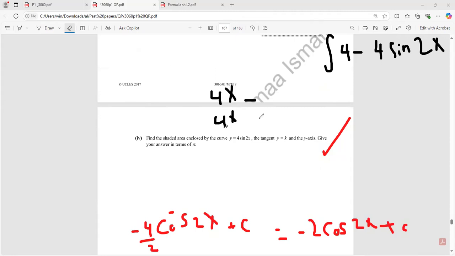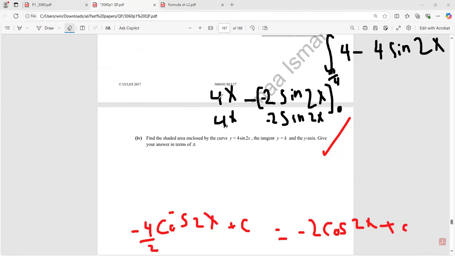Negative 2 cosine 2x, with limits between pi over 4 and 0.